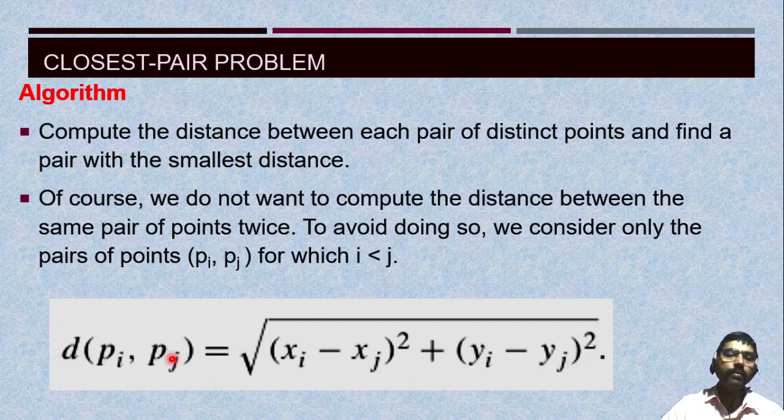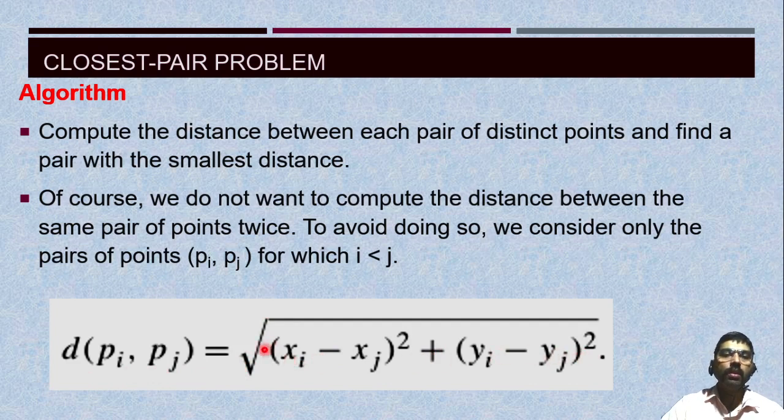The distance between 2 points is the x coordinate of the first point subtracted from the x coordinate of the second point and squared. Then the y coordinate of the first point is subtracted from the y coordinate of the second point and squared. Add the two squared results and take the square root of that. You get the distance between 2 points. This is the Euclidean formula to find the distance.